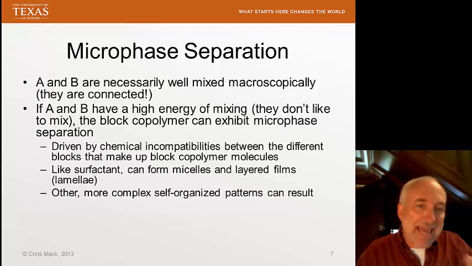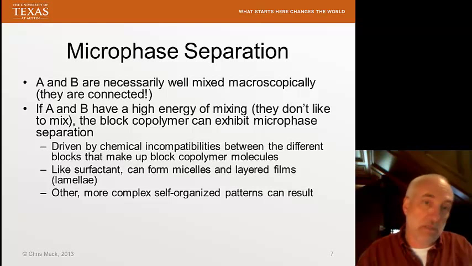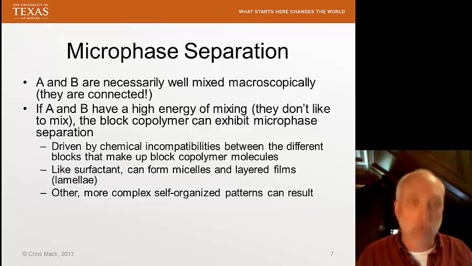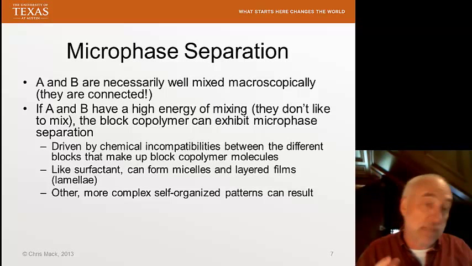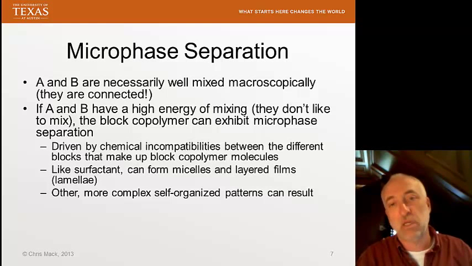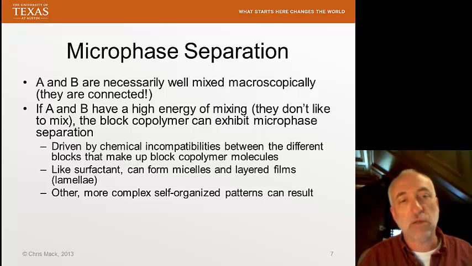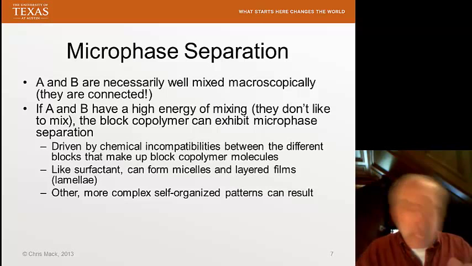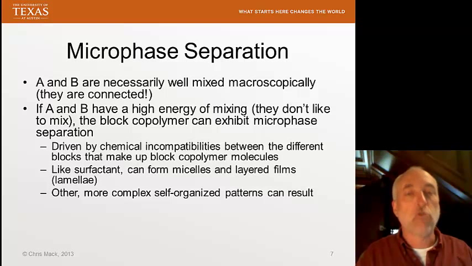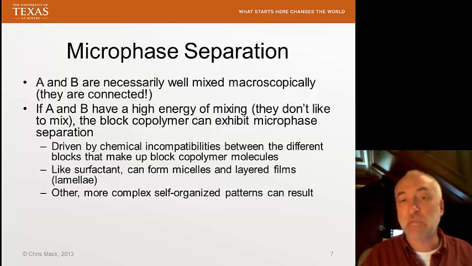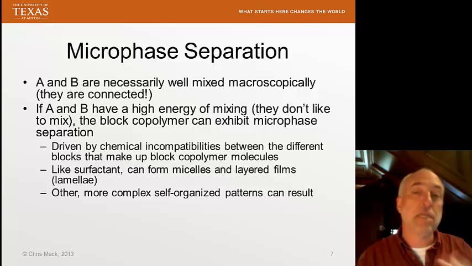Suppose I have A that likes to be around other A's but doesn't like the B. Right? So the A is, say, polar and the B is nonpolar. If they have a high energy of mixing, that is, they don't like to mix, then they'll rearrange themselves to form the lowest possible energy. And that rearrangement means the A will be next to an A and a B will be next to a B. This arrangement, which we call self-assembly, is driven by the chemical incompatibilities.